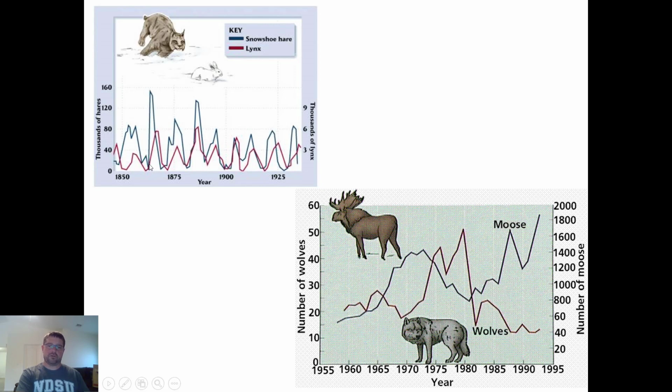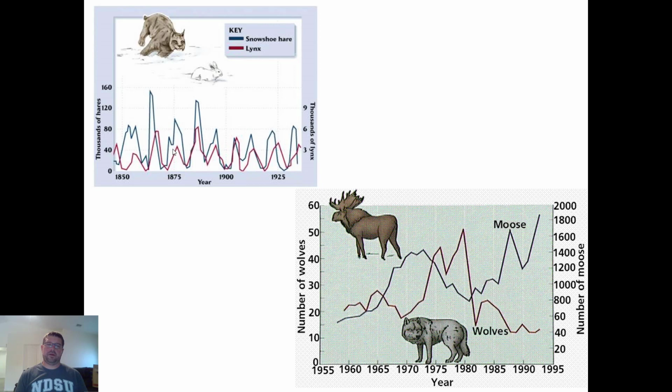Then that causes the lynx to crash, and then you get snowshoe hare rebound, then lynx rebounds, then the snowshoe hare crashes, then the lynx crashes. And so it's this back and forth, predator-prey, give and take kind of situation. And they're not always perfect like that. But lynx and hare populations do fluctuate in a cycle like this, and they have been doing so for a very long time.